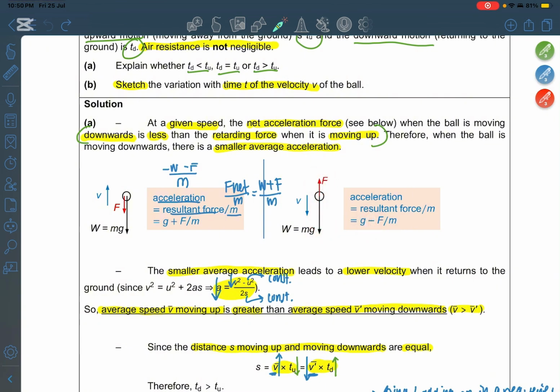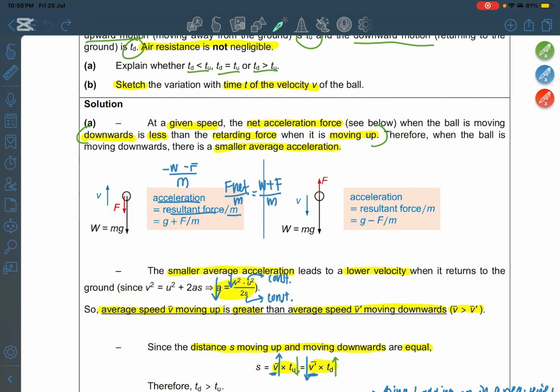Then what if the ball is moving up, right? That means drag force is acting opposite to the direction of motion, and weight is acting in the same direction as the drag force. And so, if you put in the values of acceleration, which is f net divided by m, g and f are moving in the same direction.